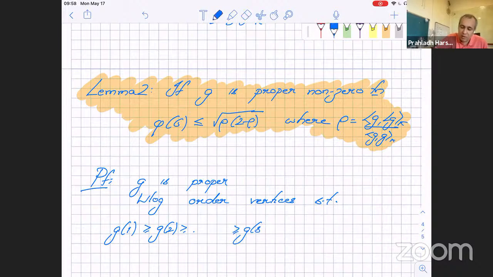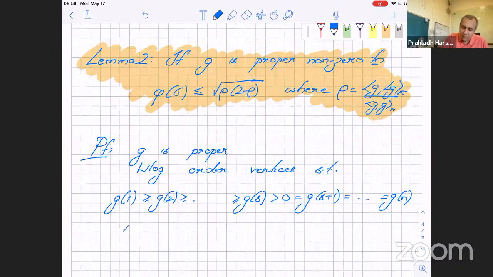These are the non-negative ones. From then onwards, it is Gs plus 1, all the way up to Gn, all zeros. And furthermore, phi of the set {1, 2, 3, up to s} is less than half. We can do this sort of ordering.